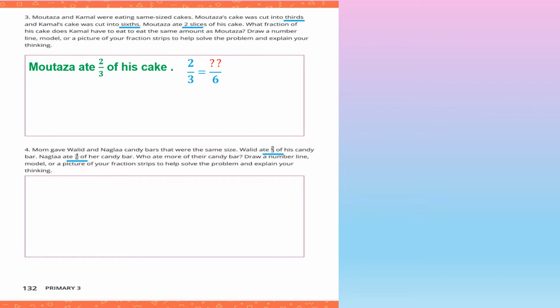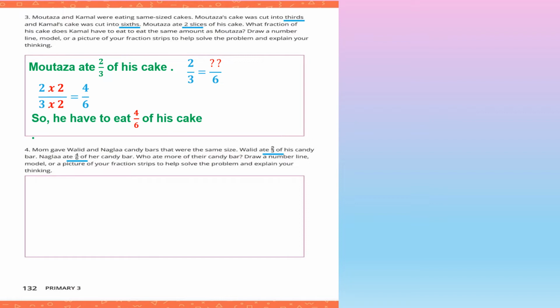The denominator here is 3 and here 6. So 3 times what equals 6? 3 times 2. Great. So I will multiply the numerator also by 2. 2 times 2 equals 4 over 6. So Kamal has to eat 4 over 6 of his cake.